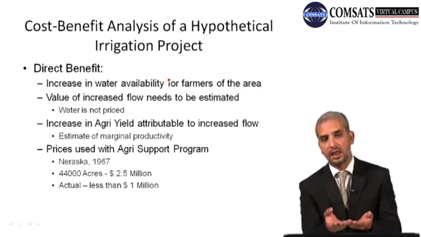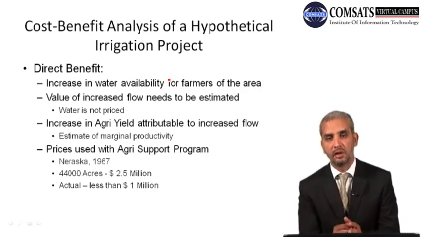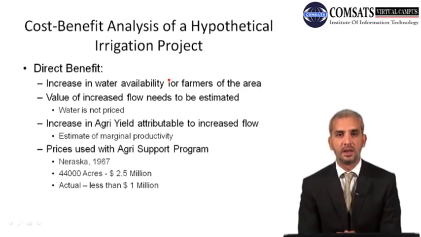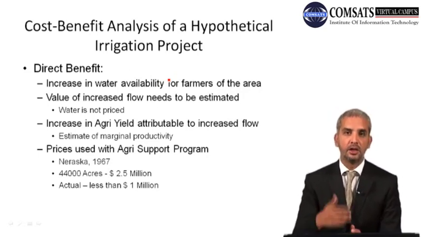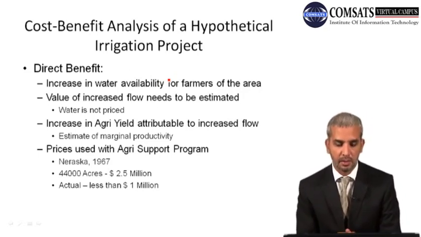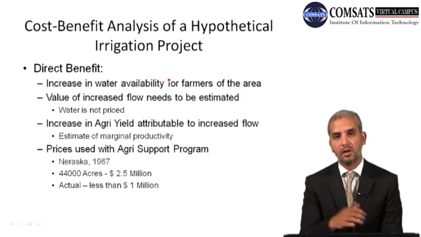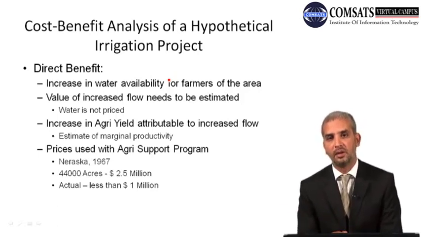So the prices were subsidized in those time periods, and actual market prices might be, for example, $70 per kg, but while they were evaluating, they used the price of $100 per kg, which was actually not only because of increased water flow, but also accounted for the government subsidy.